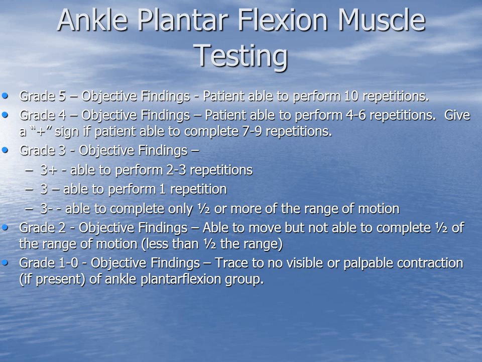With grade 2, the ankle is able to move but not able to complete 1/2 of the range of motion. In other words, it completes less than 1/2 of the range. And then with grades of 1 and 0, there is trace or no visible contraction of any of the ankle plantar flexion muscles.